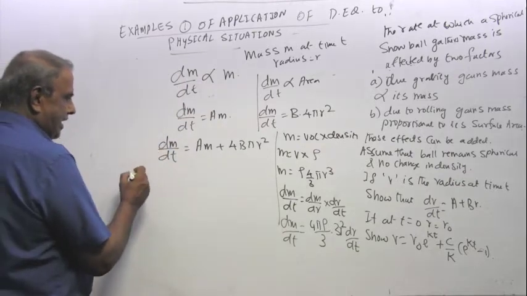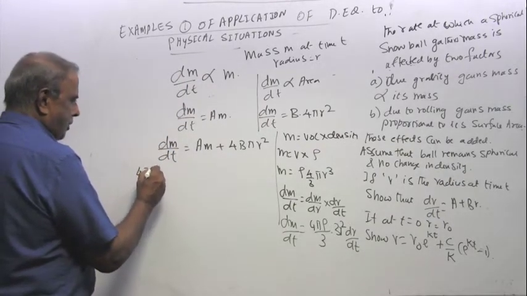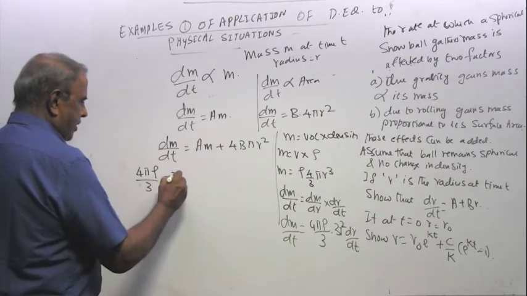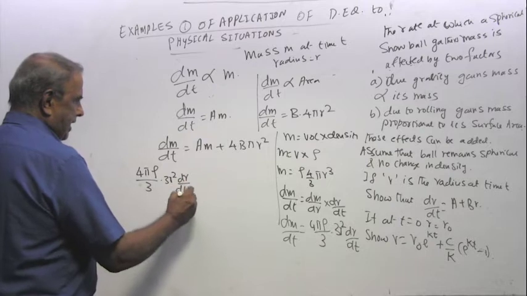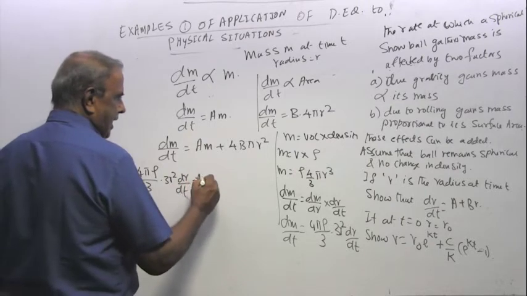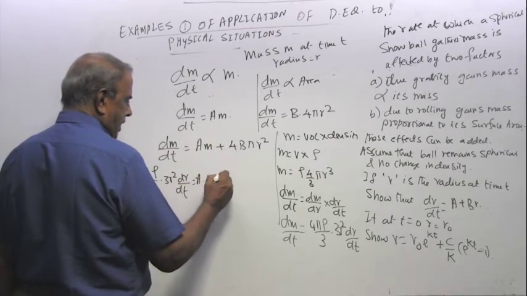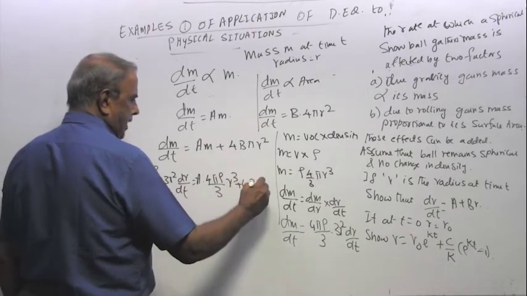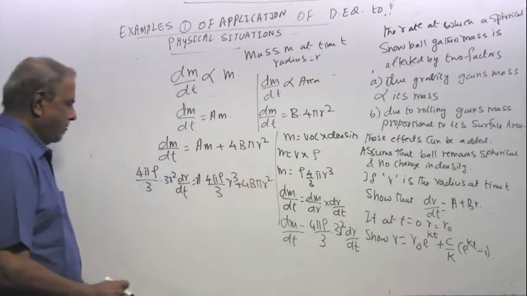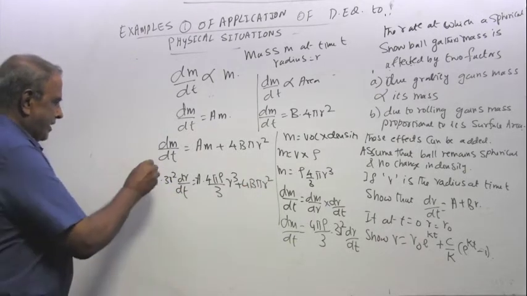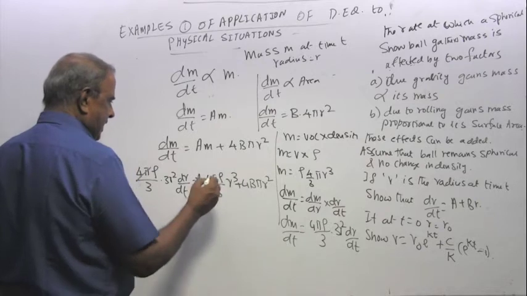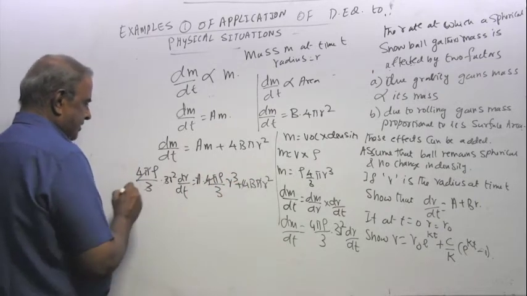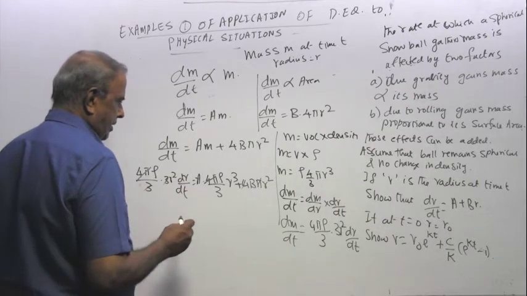So if you put it here, I get 4 pi rho over 3 times 3r squared dr by dt equal to a times 4 pi rho over 3 r cubed plus 4b pi r squared. Look, I can cancel the 4 pi, and I can cancel the 3's. Yeah?